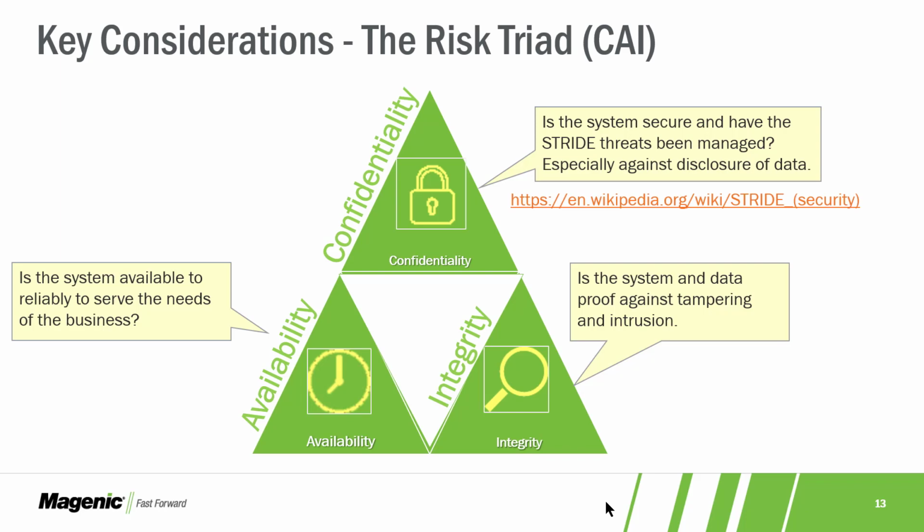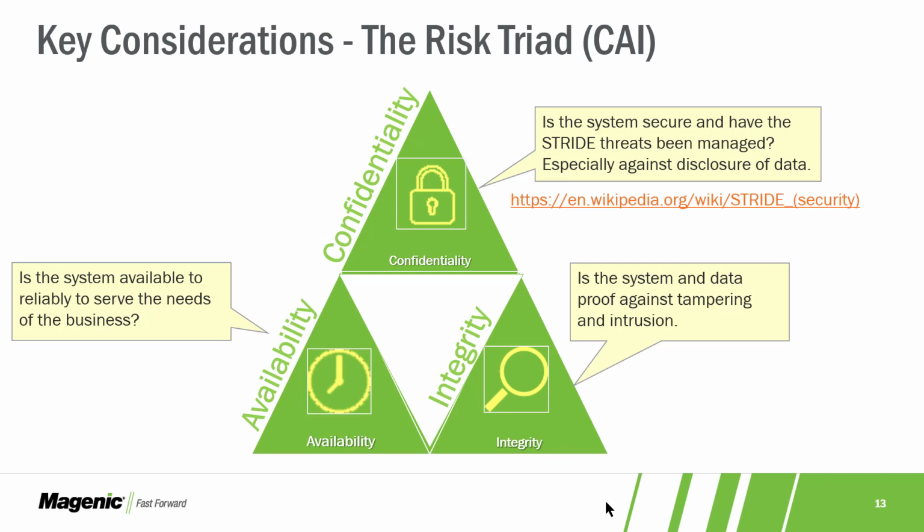So here is the risk triad. The risk triad is the 100,000 foot view of security concerns. And just like we did with the abilities, we were able to boil them down to 10. The industry has managed to boil down security things into 3 big triangles.